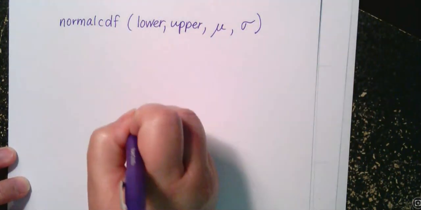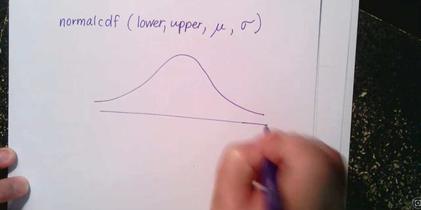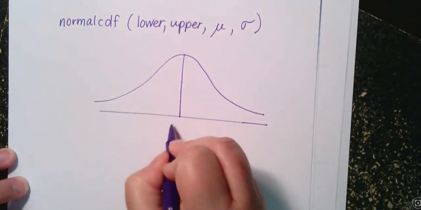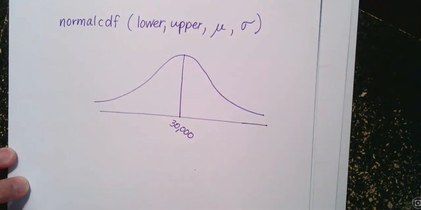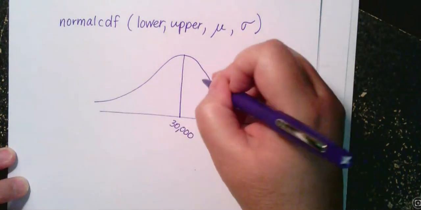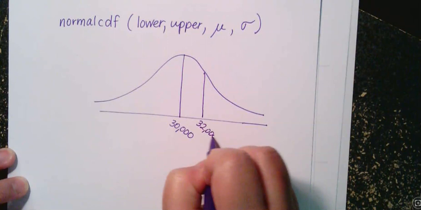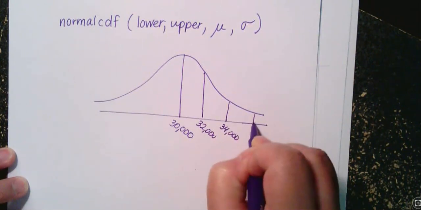Okay, so for that particular problem, again, it said the mean life of a properly inflated tire is 30,000 miles. So the mean is 30,000. The standard deviation is 2,000. Okay, so 32,000, 34,000, and so on.